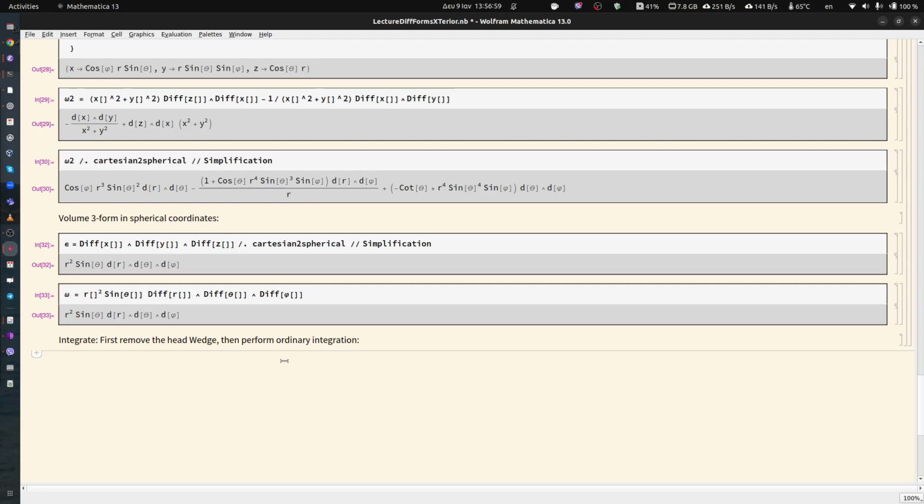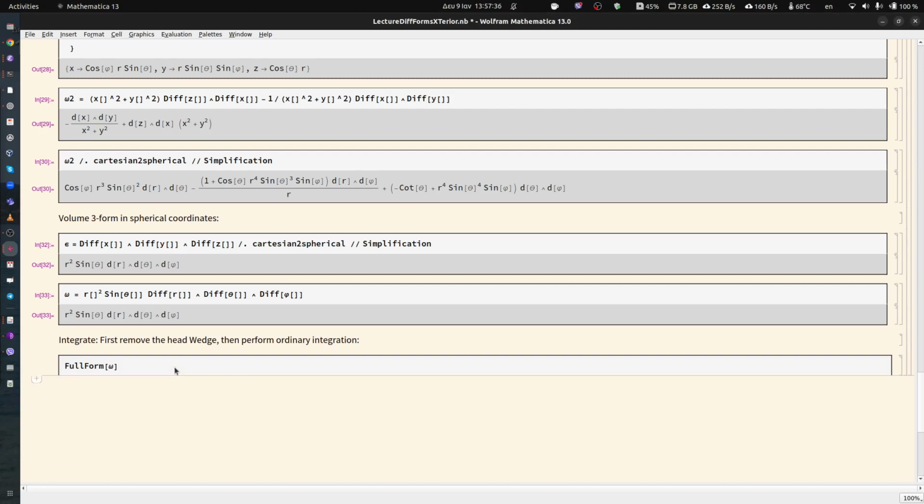All we have to do is to write the n-form in an expression involving the coordinate basis, and then perform an ordinary integration of the function that multiplies this n-form with respect to r, theta, and phi. So in order to perform this integration, we have to select the function r squared sin theta and integrate it. So let's see how to do that and play with the heads of expressions.